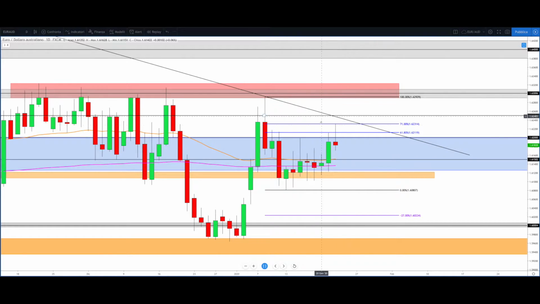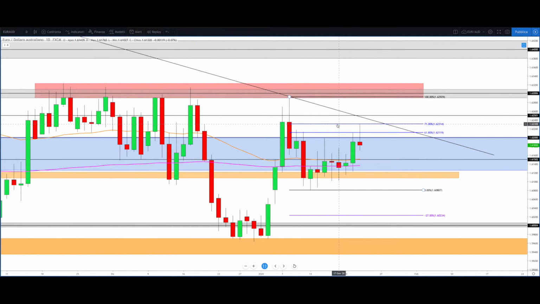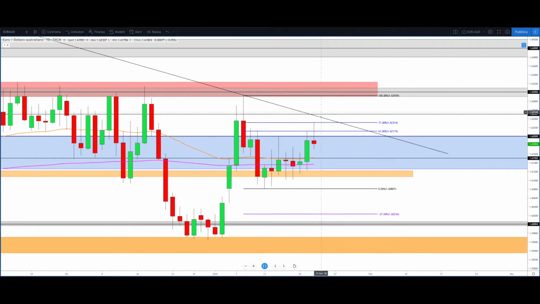So this could be the first signal of a new reaction, because we can see also that, using Fibonacci from the beginning of this last bearish phase, the price has perfectly touched this Fibonacci retracement 71, so a strong confirmation, because for now we have a clear reaction candle, a big upper shadow failing to pass a key level, and a perfect test of this Fibonacci retracement.